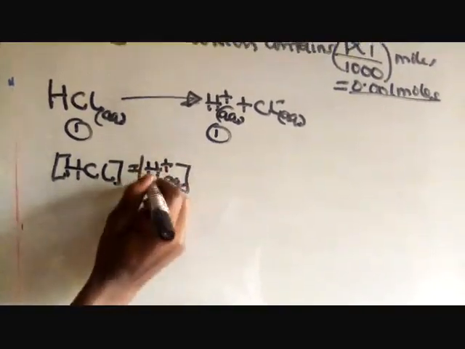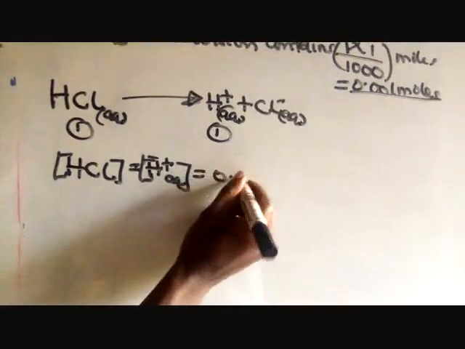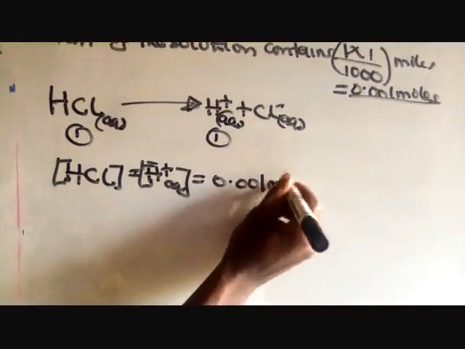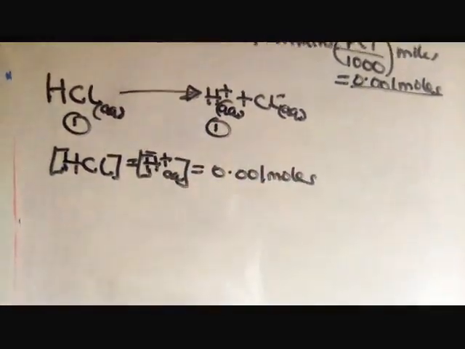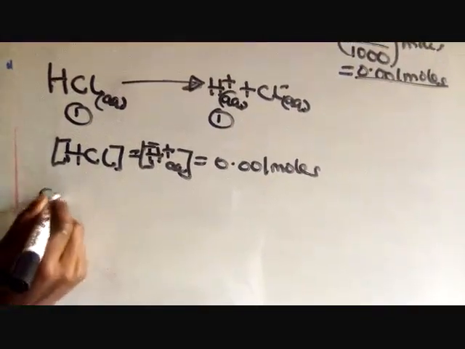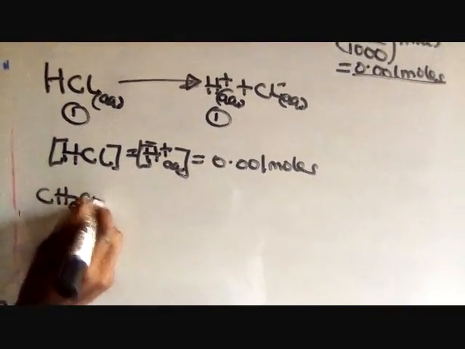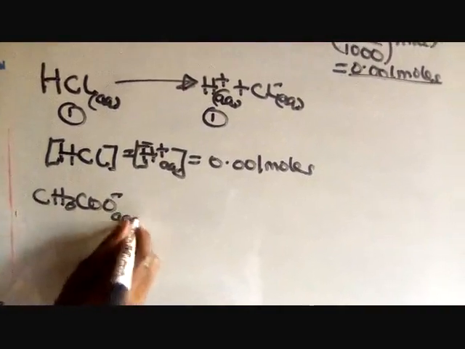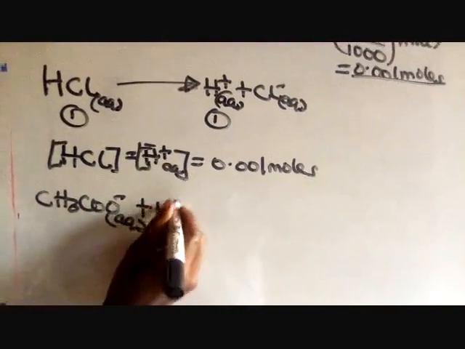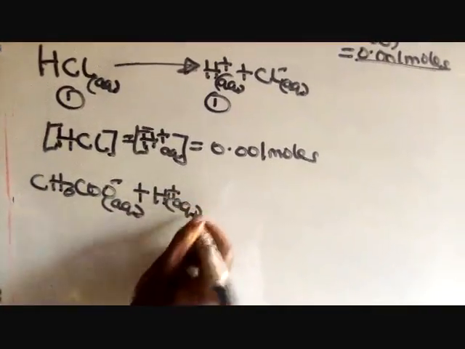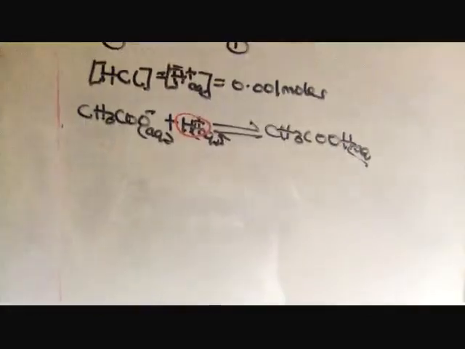Now after getting the concentration of hydrogen ions, we are going to start the effect of the added hydrogen ions. When you add hydrogen ions, we are seeing that the ethanoate ions which are in the solution combine with the added hydrogen ions from the acid to form ethanoic acid.